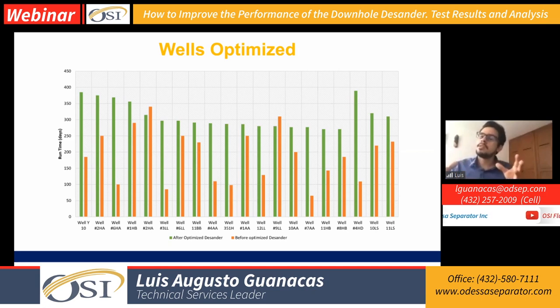So what we did was we took the data, did the analysis, and designed the proper desander for each tool. In some cases they needed a longer sleeve. In other cases, they had to use a different material in order to be resistant to the abrasion of the solids.